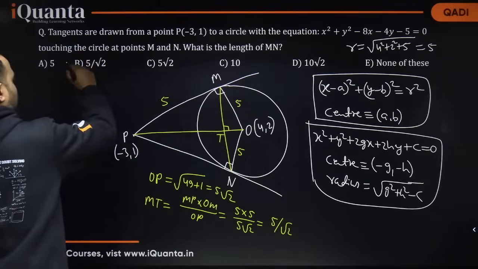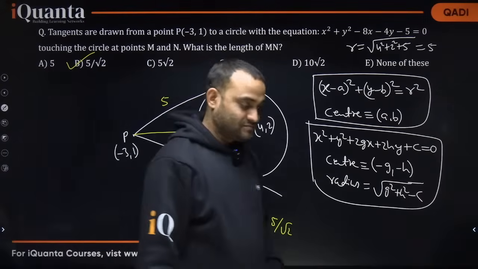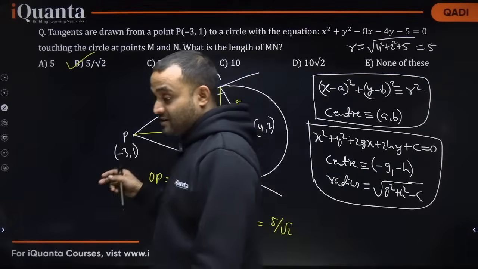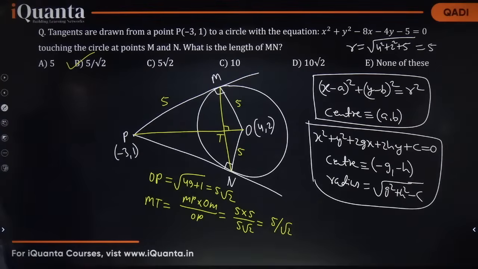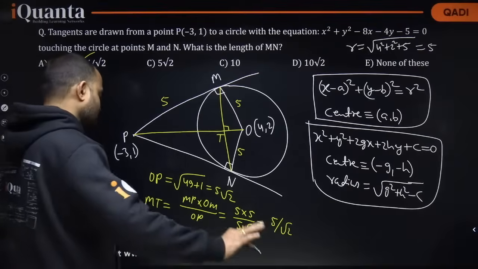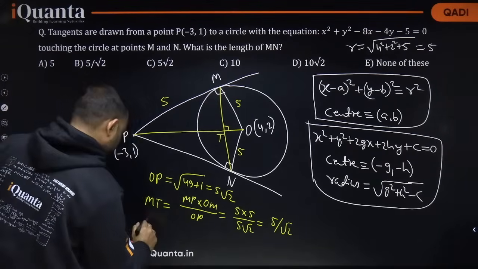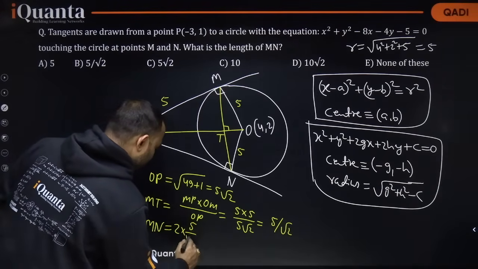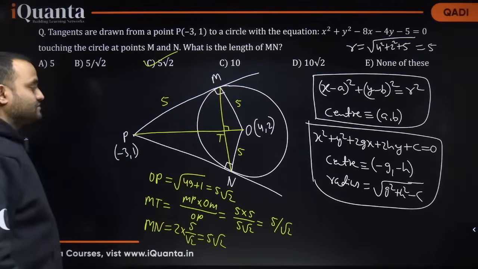So the answer is option B. 5 upon root 2 is the correct answer. 5 root 2 is the length of OP, not the length of MN. So MT is this. So what will be the length of MN? MN will be 2 into 5 upon root 2, that is equal to 5 root 2. Yes, option C is correct, right.